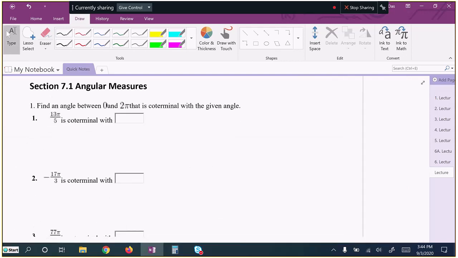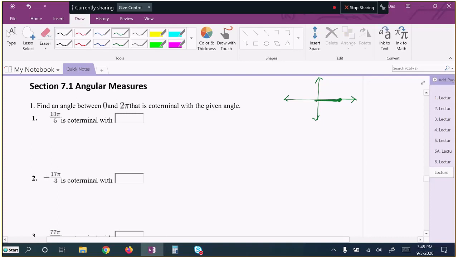Okay, so the first one is: find an angle between 0 and 2 pi that is coterminal with the given angle. We'll first understand what I mean by 13 pi over 5 and what I mean by 2 pi. If you think of the standard position, the angle 0 is simply the positive direction of the x-axis being both the initial and the terminal side.